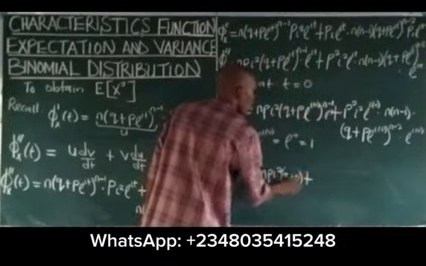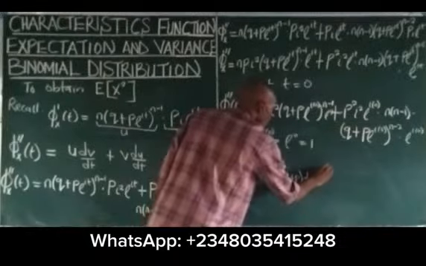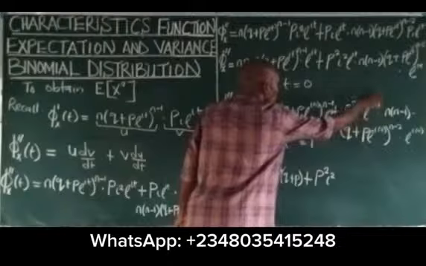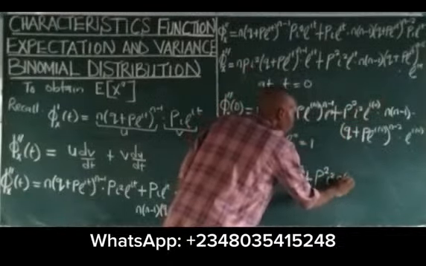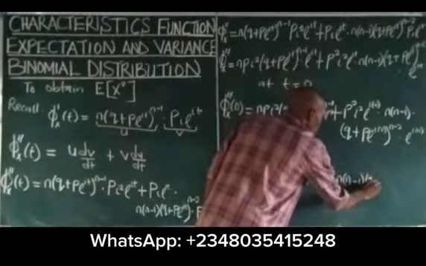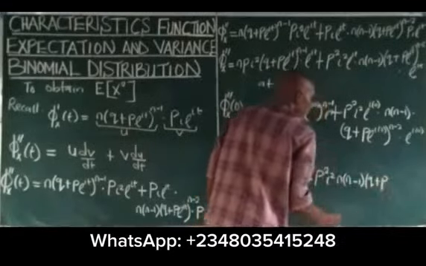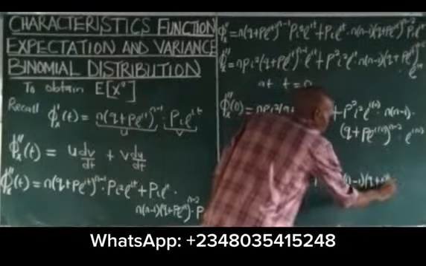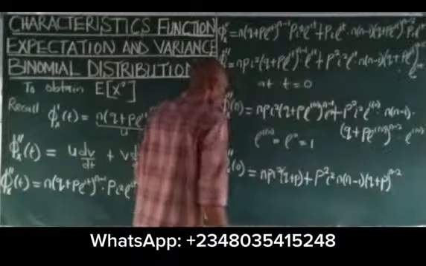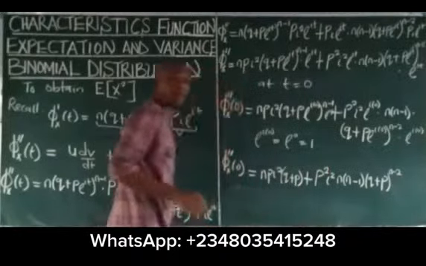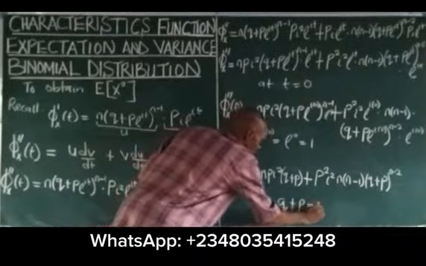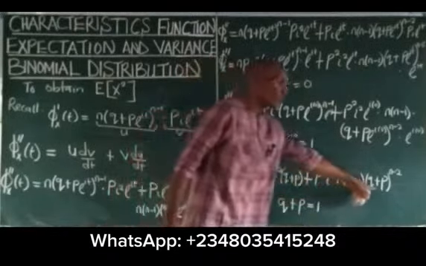Then we have plus p squared i squared, this becomes 1, so we have n into n minus 1 into (q plus p), this becomes 1, so we have n minus 2 and this becomes 1. Of course, we note that from probability distribution, q plus p is equal to 1. So anyhow we see q plus p, we write 1.